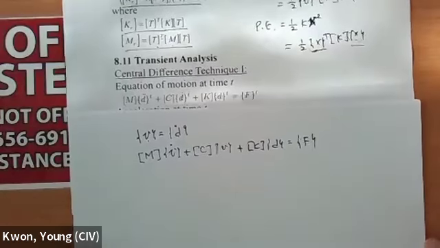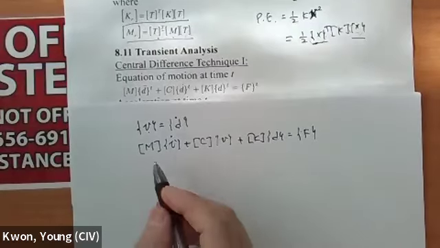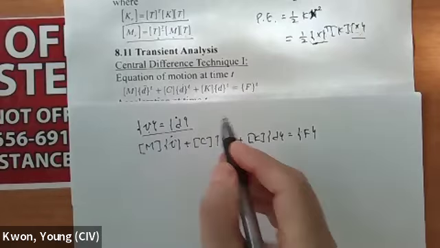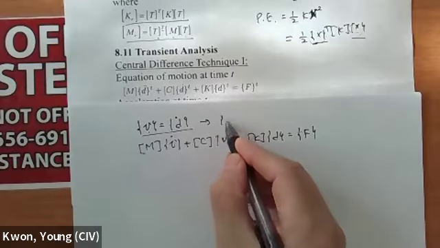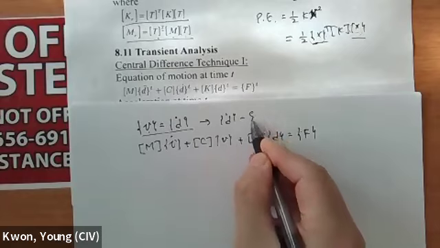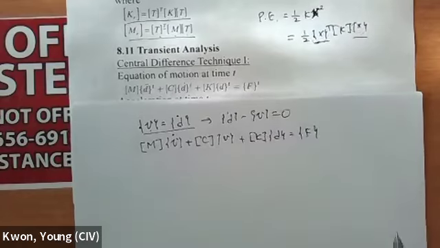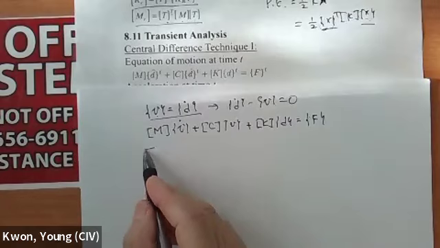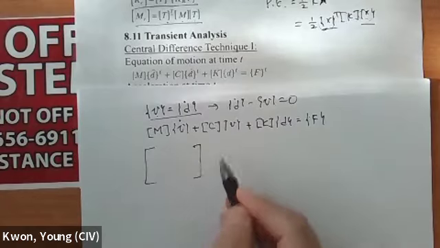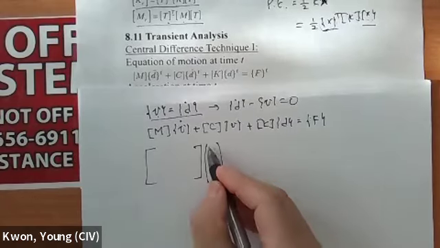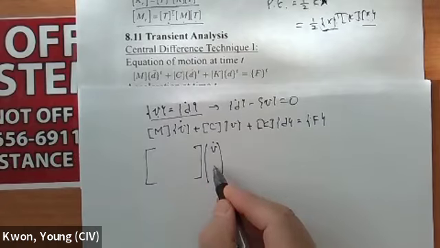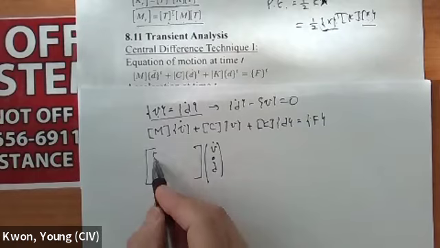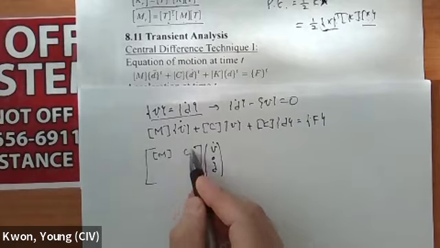Correct? So if I can put this one, d dot minus v equals 0, right? Then I can put these two equations into set of equation. So v dot, d dot. Then this is going to be M, 0.